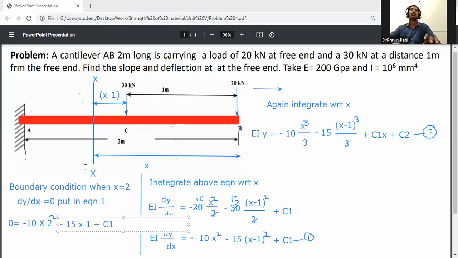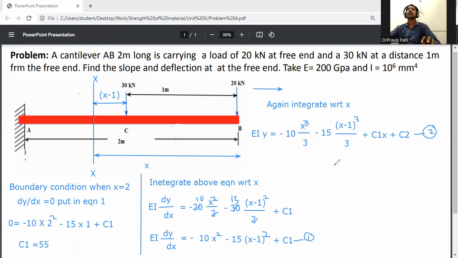Now, C1 will be 10 into 2 squared, which is 40, plus 15, which is 55. So C1 is equal to 55.